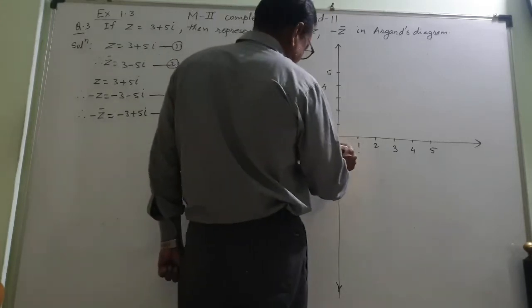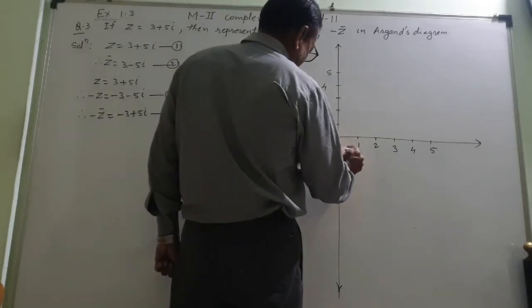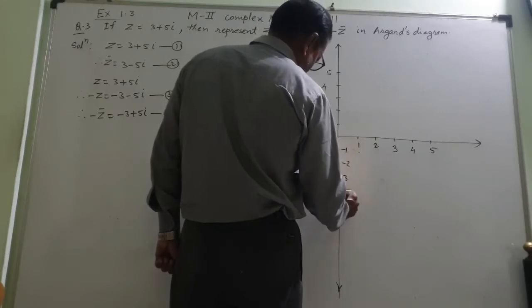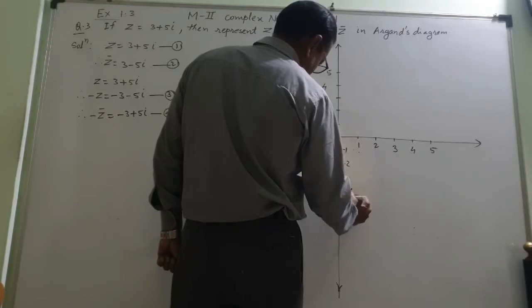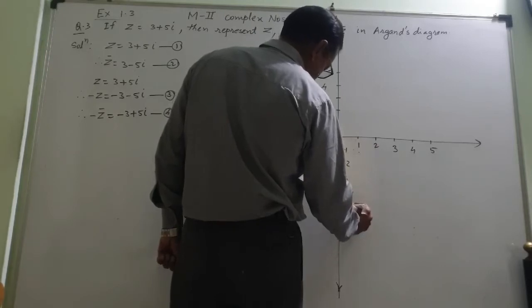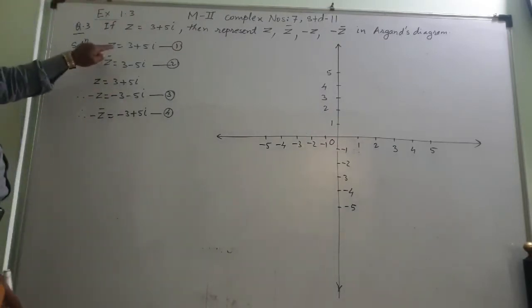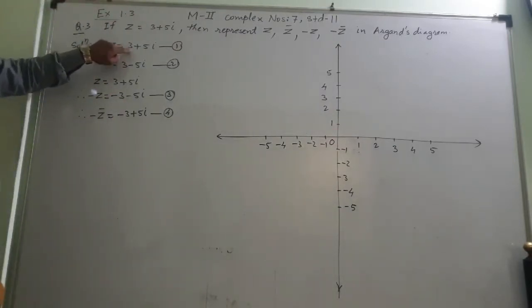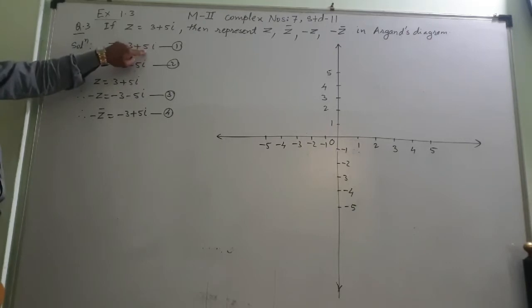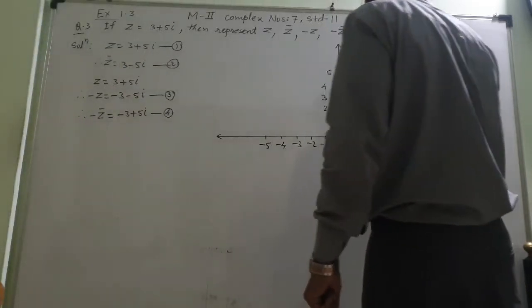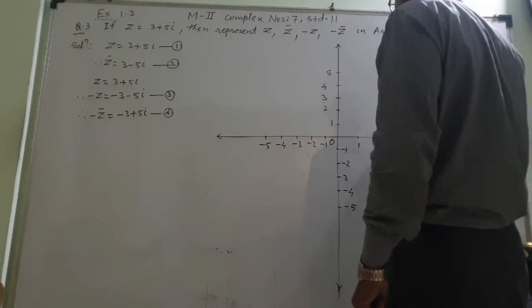Similarly on the y-axis also, this is minus 1, minus 2, minus 3, minus 4 and minus 5. By the scale you can take. Now the first z I want to establish, 3 and 5. So 3 is here and on y-axis I have to go 5.